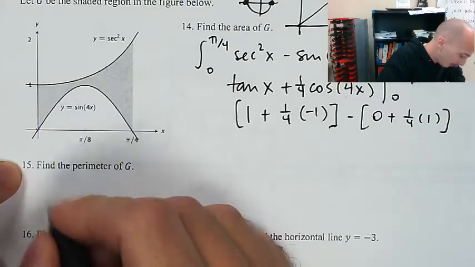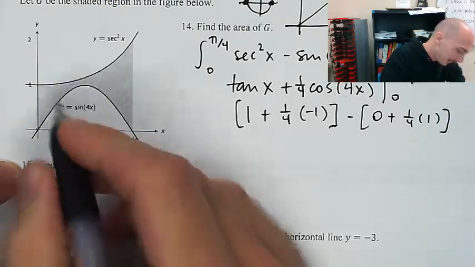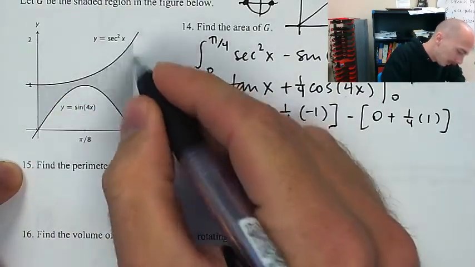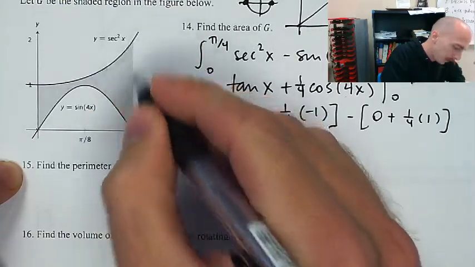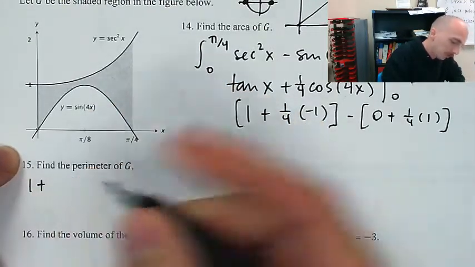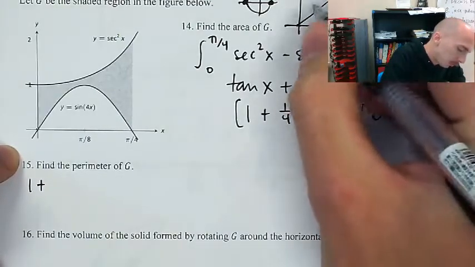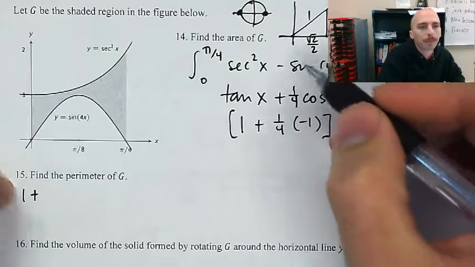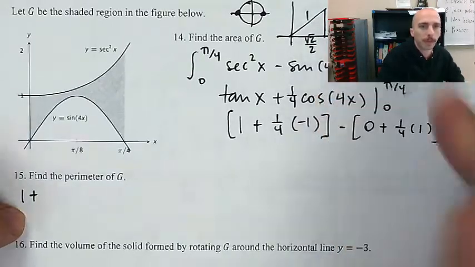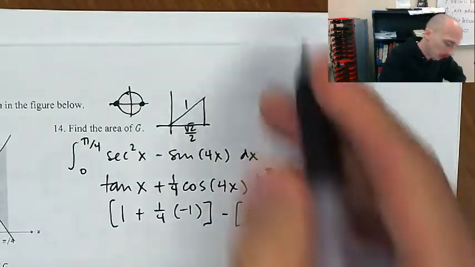All right, well, for the perimeter of G, it's going to be 1 plus secant squared of pi over 4, which will be the height there. At pi over 4, this is root 2 over 2, and that's 1. I'm going to actually just use this space over here.